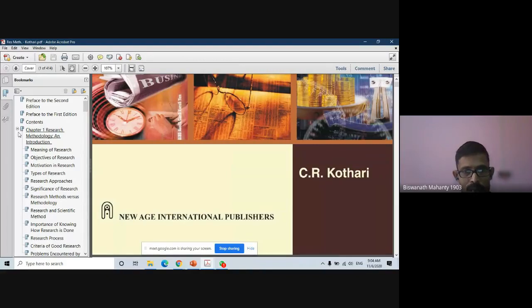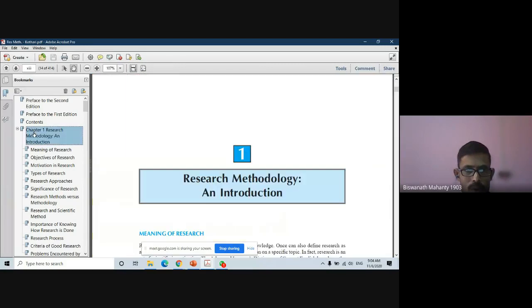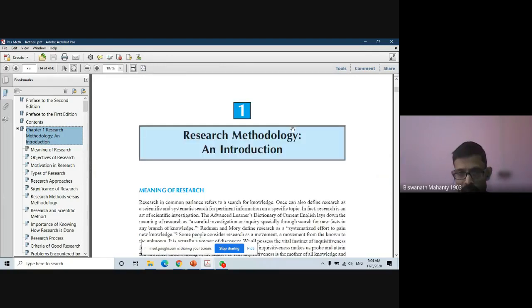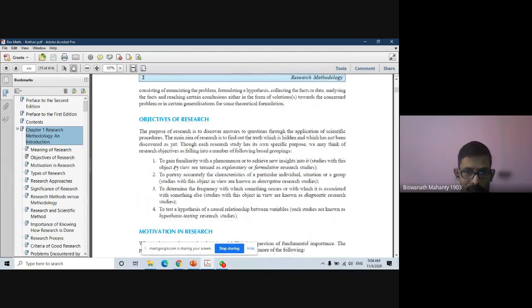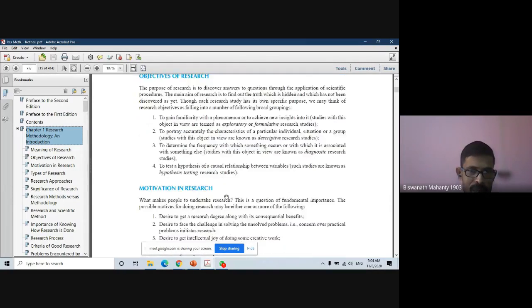So, for example, in today's class, you may please note that we are going to nearly discuss chapter 1, which is the introduction to research methodology, because this is of course a part of this curriculum. We will definitely discuss them, but not necessarily in the same line as they do, talking about motivation of research, meaning of research.